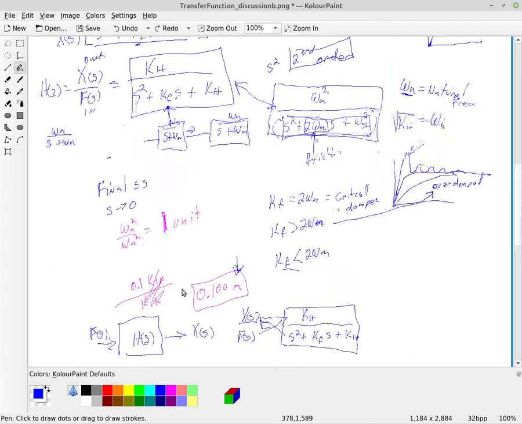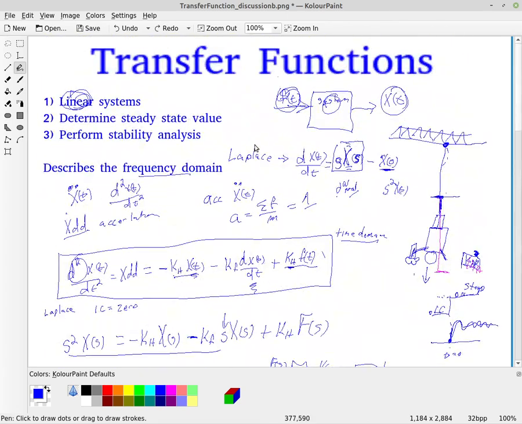So let's just review again. The thing about a transfer function is that we apply the Laplace transformation, which takes it from the time domain into the frequency domain. And to do that, we have to have a linear system. So it can't be a nonlinear or chaotic type of system, or if that's what you have, you'll have to approximate it down to a linear approximation.